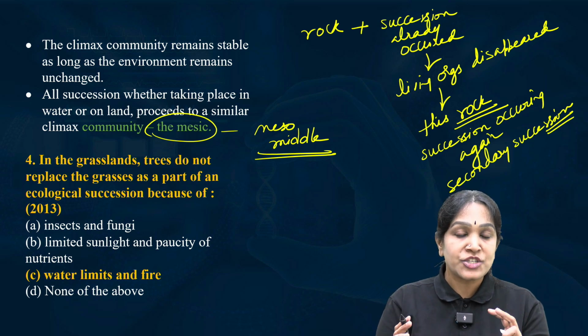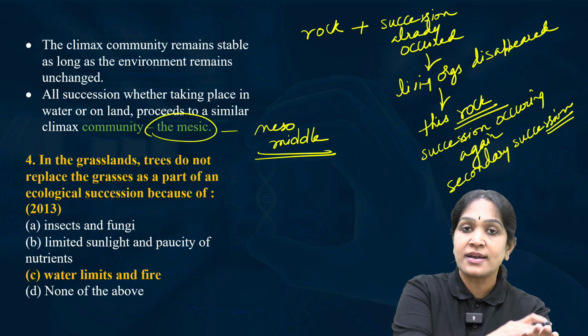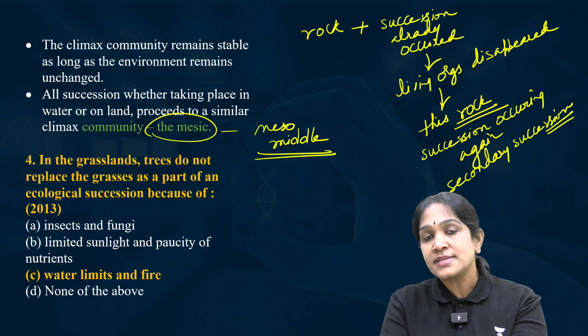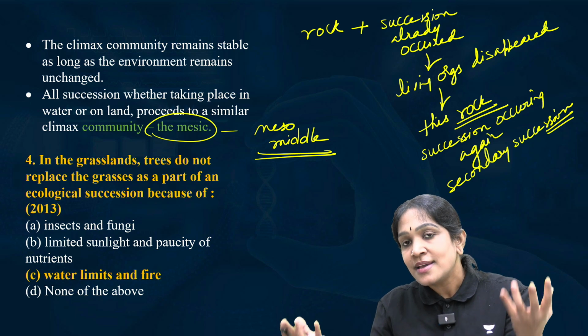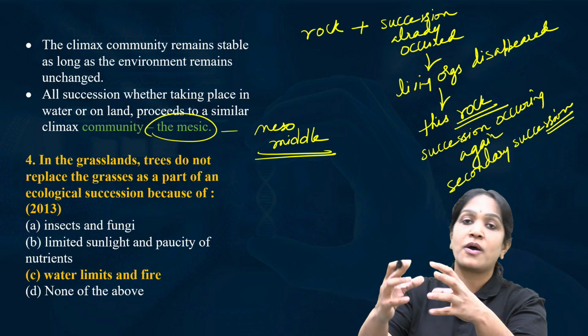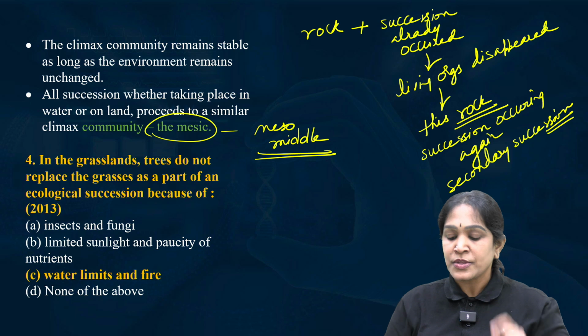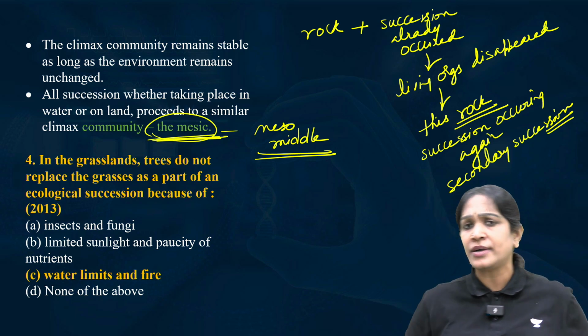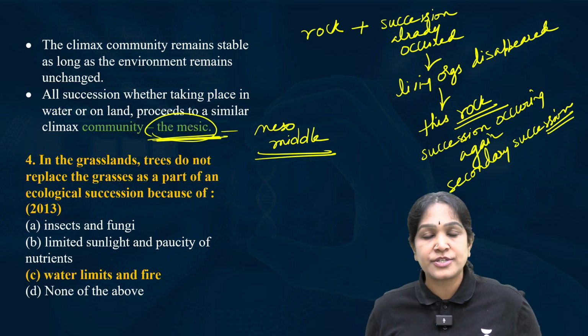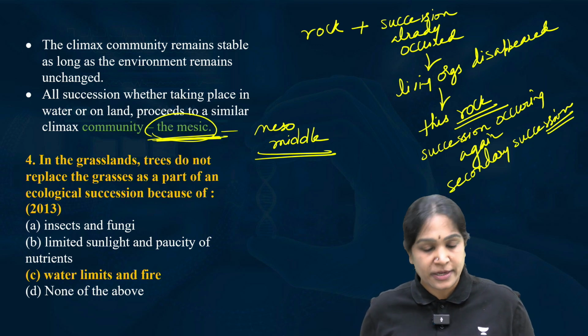Okay, if the succession is hydrarch, means succession occurring in the water, or the succession is the xerarch, that is succession occurring in the desert, in both the cases, what is formed? Forest is formed. So this is called a mesic community. Not as dry as a desert, not as wet as a water body.